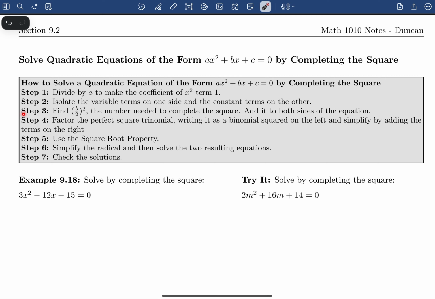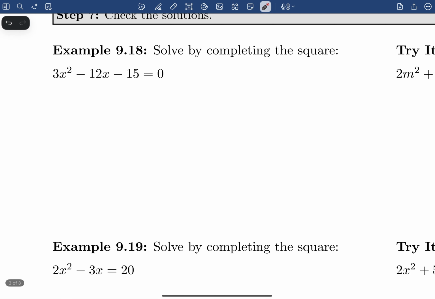Find b divided by 2 squared, the number needed to complete the square, and add it to both sides of the equation. Yep. Factor the perfect square trinomial, writing it as a binomial squared on the left, and simplify by adding the terms on the right. Yep. Step 5, use the square root property. Yep, done that. Step 6, simplify the radical and then solve the two resulting equations. And step 7, check your solutions. Great, let's try it out.